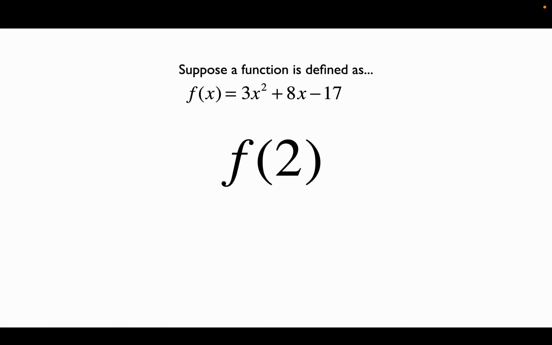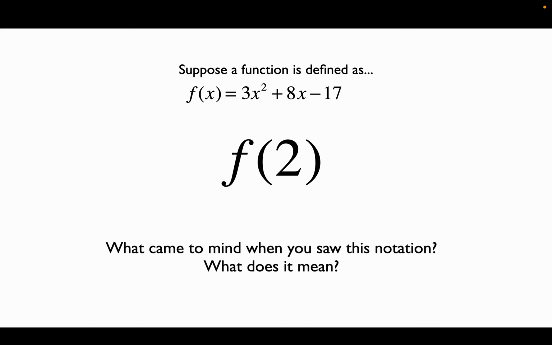If I see f of 2, in this case, I could compute that, right? Because I have a formula that tells me how to. But I don't have to. I could also just think of this as, well, it's the output from that formula. It's the result I get if I substitute in x equals 2.